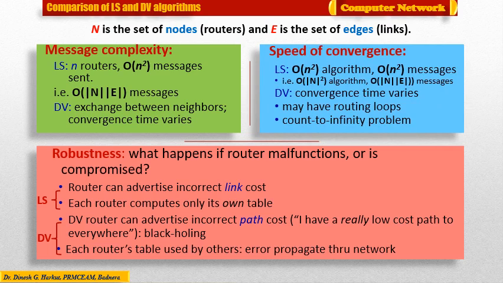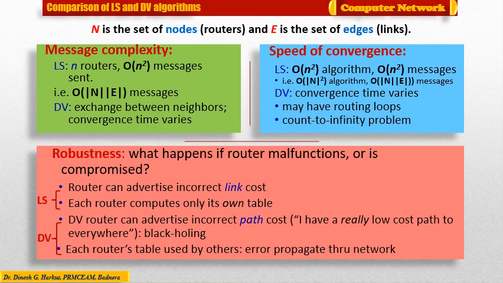As far as speed of convergence is concerned, we have seen that our implementation of link state is an O(|N|^2) algorithm requiring O(|N| |E|) messages. The distance vector algorithm can converge slowly and can have routing loops while the algorithm is converging.